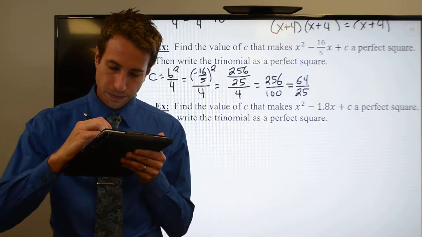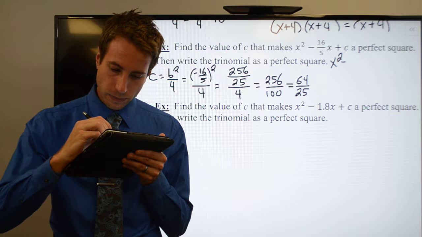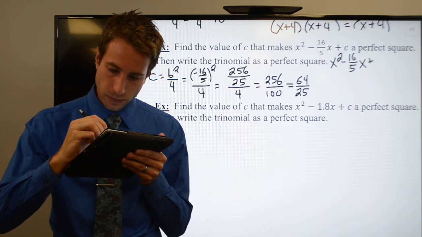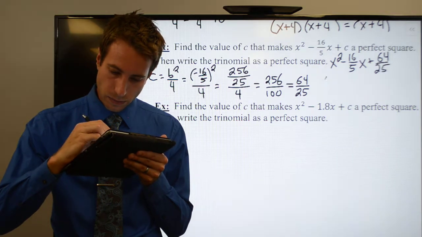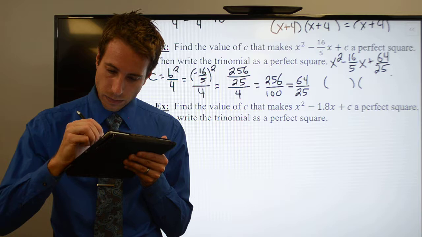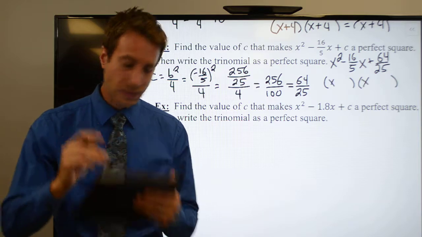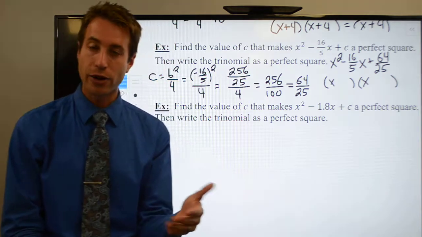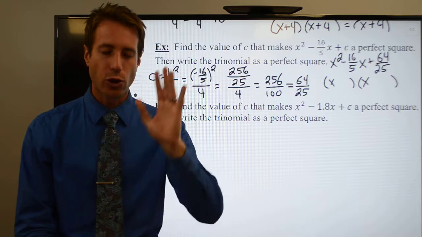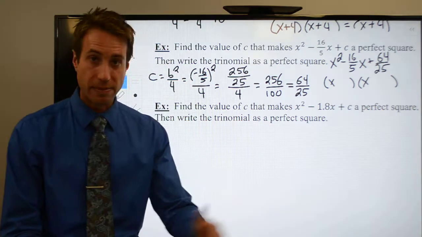Here we go. Now, I know this one looks scarier than the other ones, but here's why you're going to love this method of factoring.